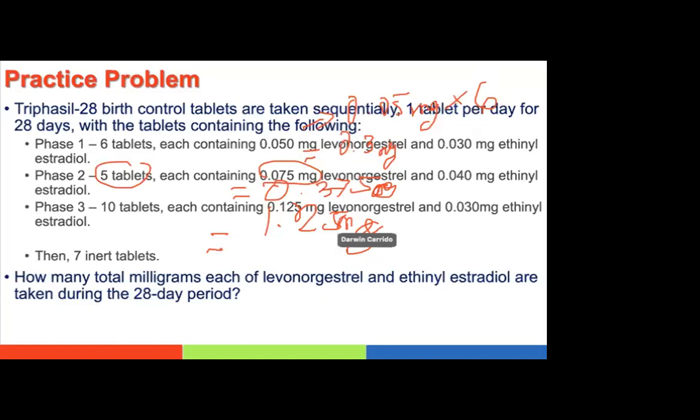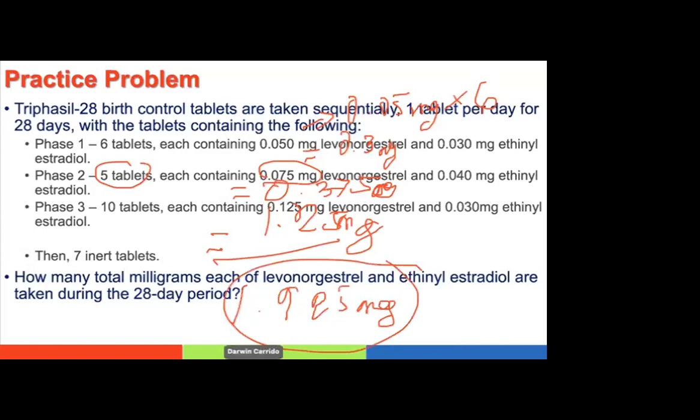Now, meron doon inert tablet. Anong ibig sabihin ng inert tablets? Wala. Okay? So, walang API. Nag-take lang siya ng inert tablets na walang laman. So, it will not contribute anything to the total amount of levonorgestrel. So, what is the total amount of levonorgestrel? Okay, 1.925 mg.